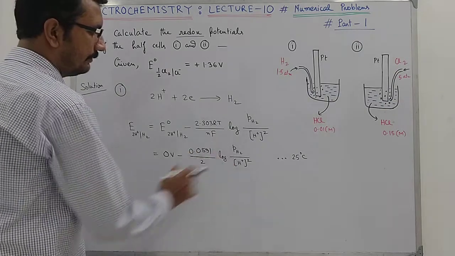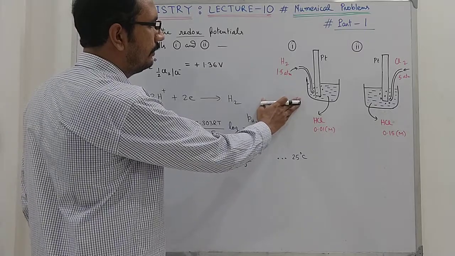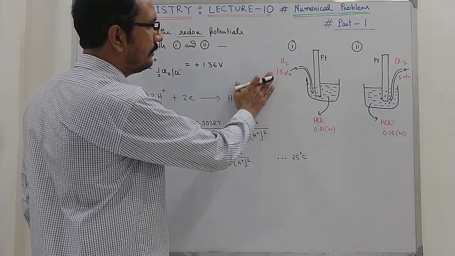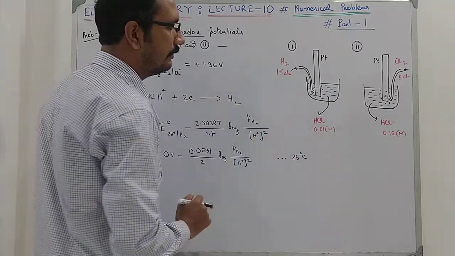Now, are these values given? You check the diagram. Here it is given that the pressure of hydrogen is 1.5 atm and the concentration is this one.